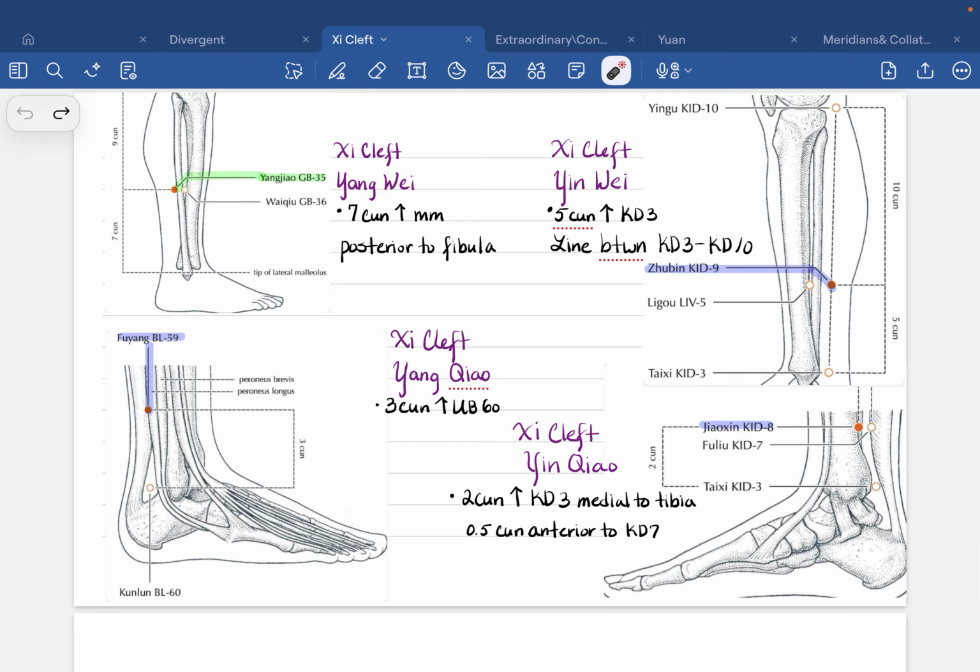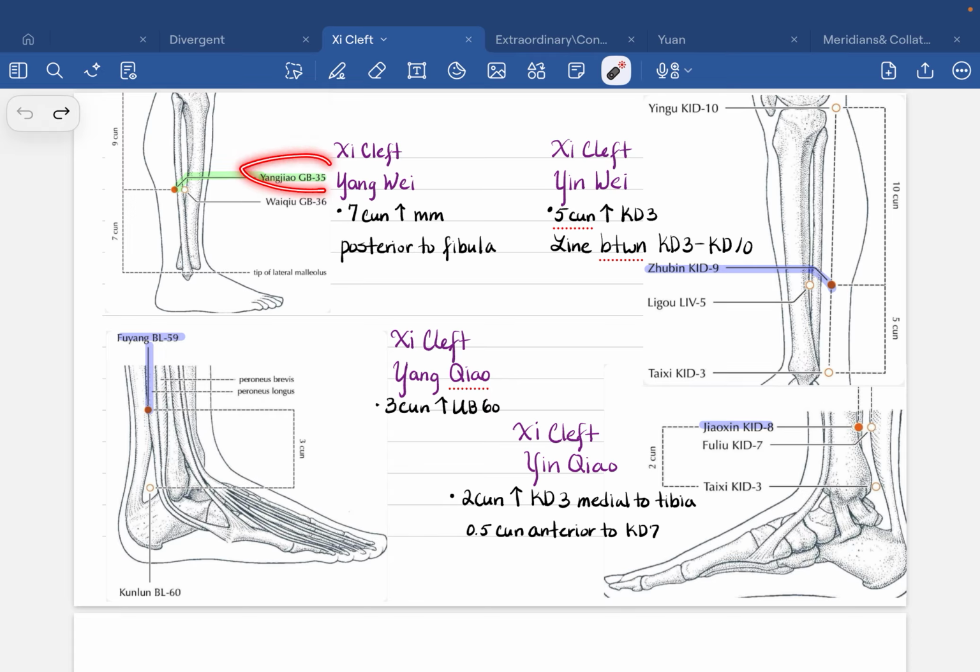Now we have the xi-cleft points. Now you see all the points, well, most of the points right here, at least these, are the water channel points. There's 2 kidneys and 1 UB. The only one that is a GB point is actually the yang wei. So the xi-cleft of the yang wei is GB 35.